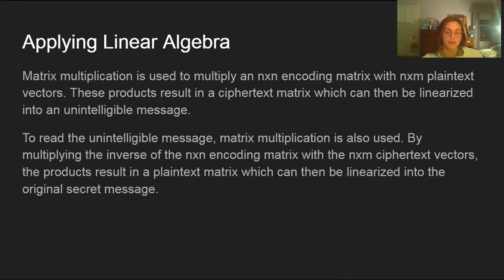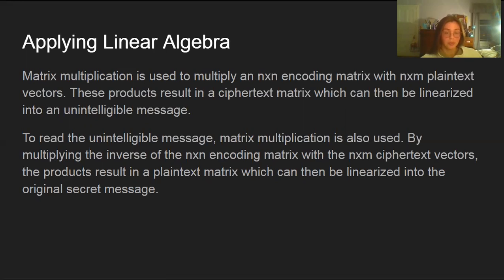So with that, this is just a little overview of what we're going to do. To encrypt our message, we will be using an encoding matrix and matrix multiplication. We multiply the encoding matrix by the plaintext matrix. This will result in a ciphertext matrix, and we will linearize this into an unintelligible message using code.